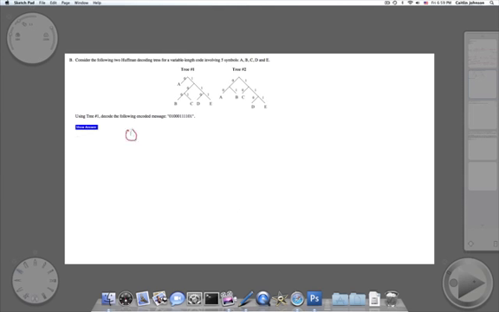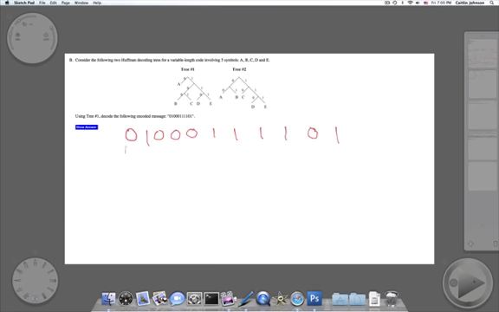Okay, now we have problem 2b. In this problem, we are given 2 Huffman decoding trees for a variable length code involving 5 symbols, and we are asked to use tree 1 to decode this message. The message is 0, 1, 0, 0, 0, 1, 1, 1, 1, 0, 1.